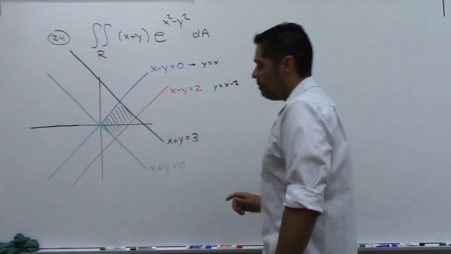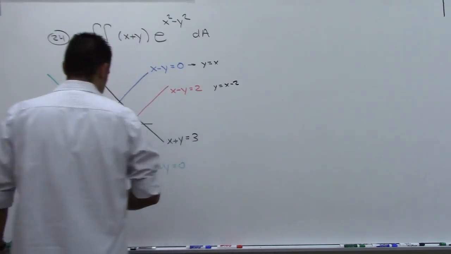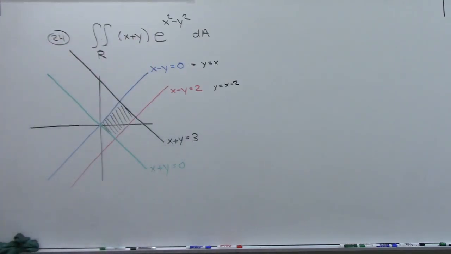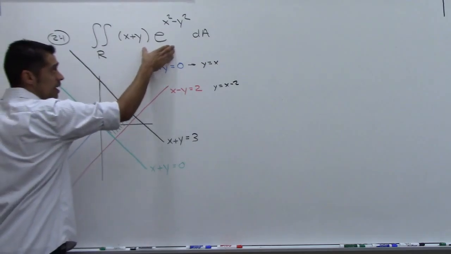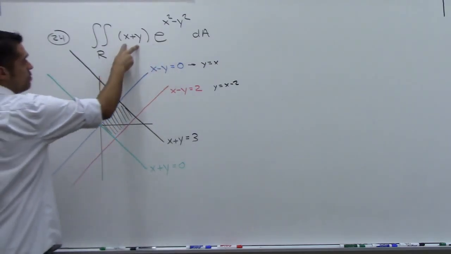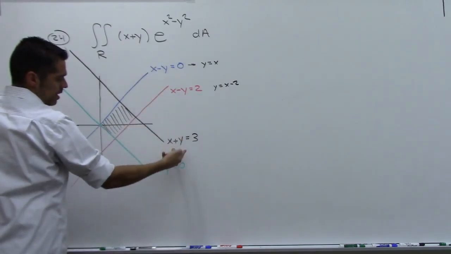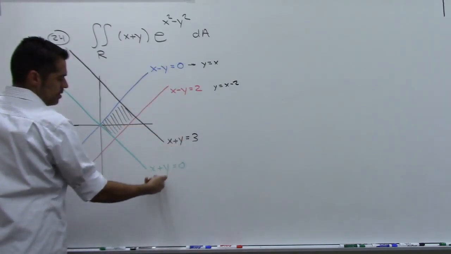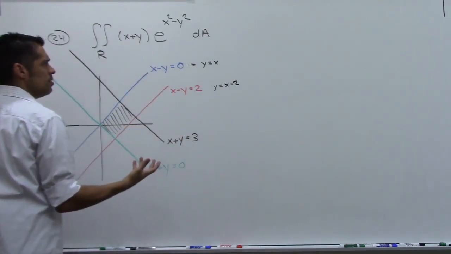Now, in this problem, they don't give you what the transformation is, and you have to come up with it on your own. There's a couple of ways you can look at this. You can look at the actual integrand itself and look for things that look obvious to you, like x plus y. Notice x plus y appears here twice. That might be a good substitution.